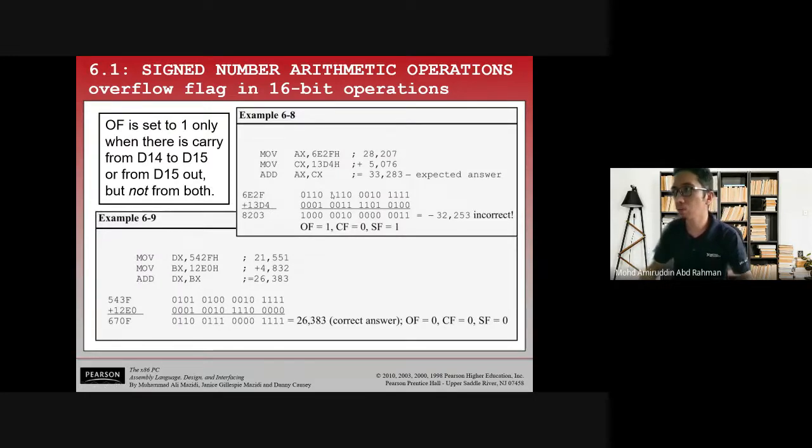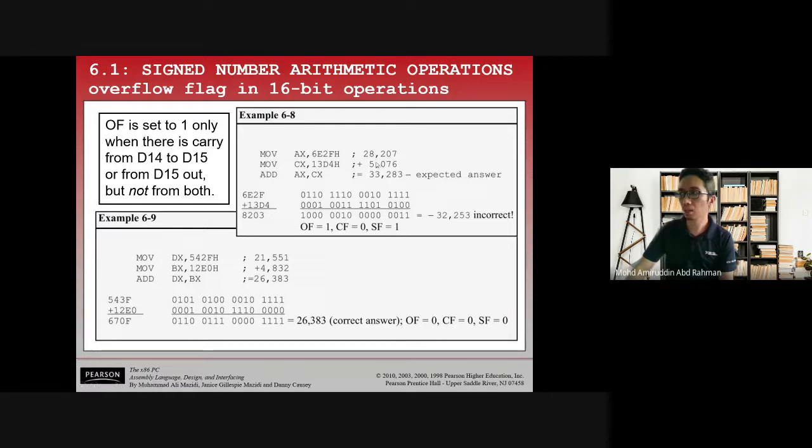Okay, so let's have a look. We have a 16-bit number here. In terms of hex, it is 6E2F, which is equivalent to 28,207.